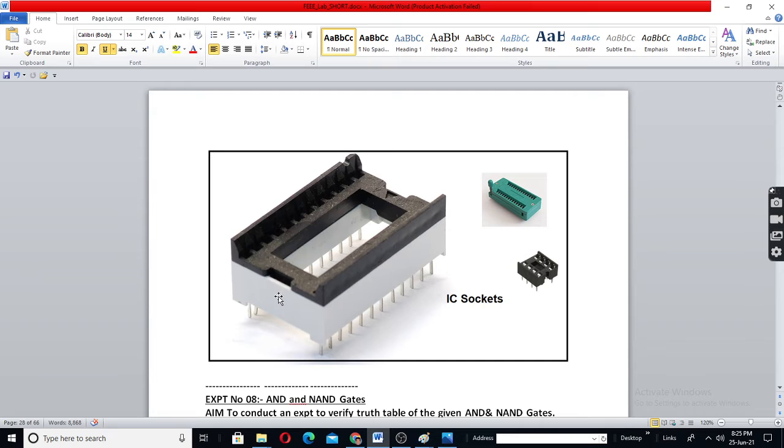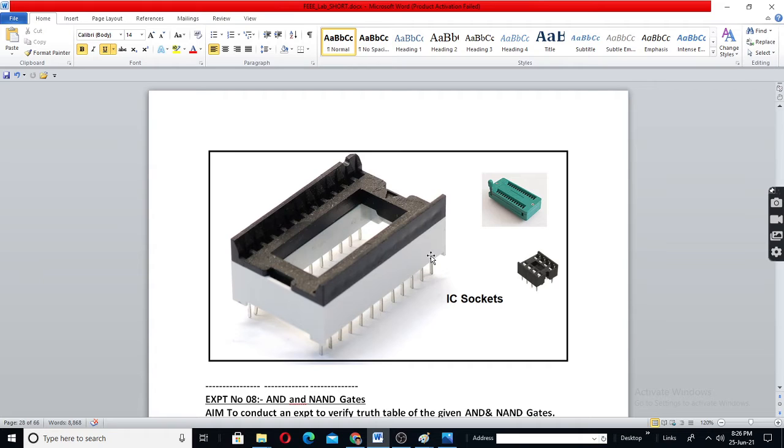This is a 24 pin socket. See 1, 2, 3, 4, 5, 6, 7, 8, 9, 10, 11, 12. 12 plus 12, 24 pin socket. This is an 8 pin socket: 1, 2, 3, 4, 5, 6, 7, 8. So that is an advantage of putting the socket.